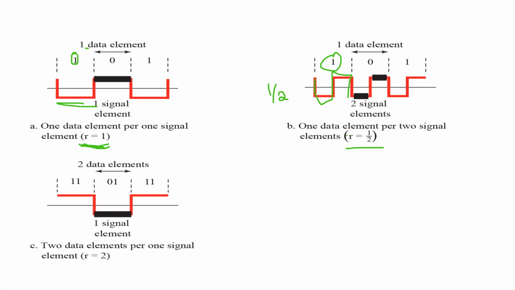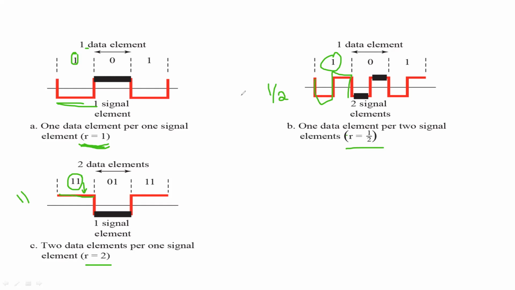Next we have two data elements for one signal element. Only one signal element carries two different data elements, so the ratio is 2.